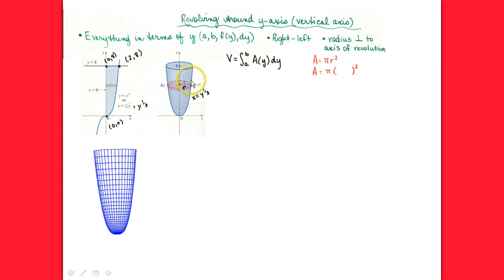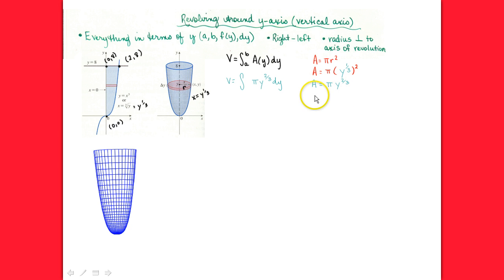In this particular case, my right-hand value is just the x value, and the x function was y to the 1/3. And then over here, this is x equals 0. So I'm going to do y to the 1/3 minus 0. And so my radius will be the exact same thing as my x value, and my x function is y to the 1/3. All right, so if I square that, y to the 1/3 squared is going to be y to the 2/3.